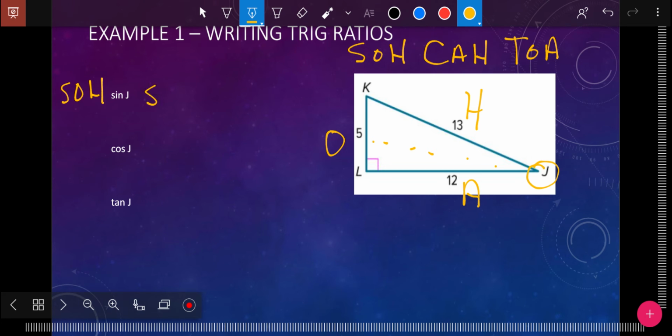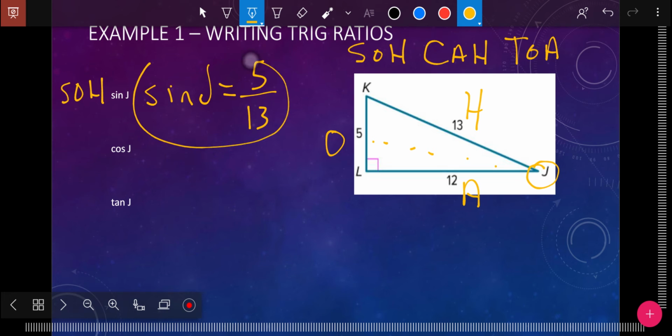So sine of J equals O over H. O is 5, H is 13. Cosine is CAH. So cosine of J is A over H, 12 over 13.